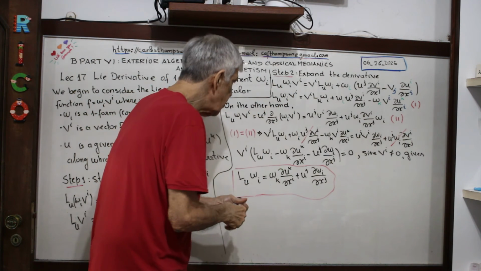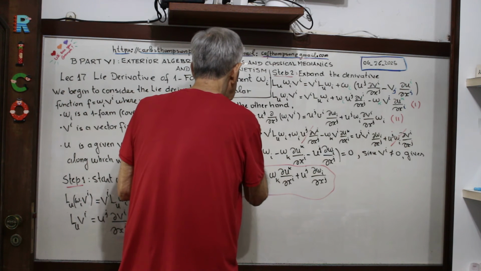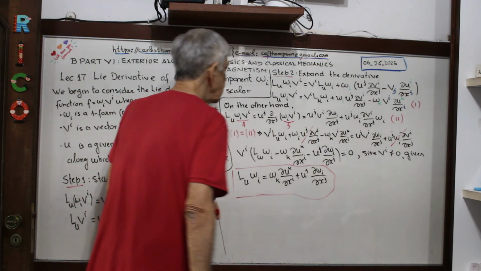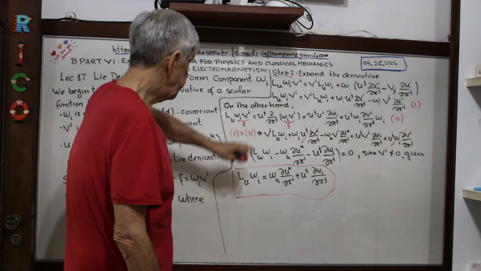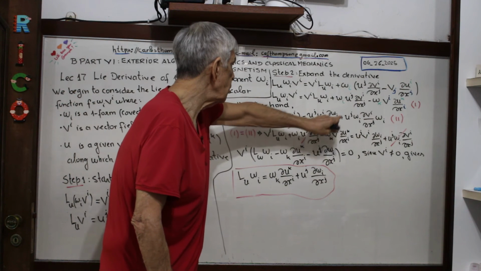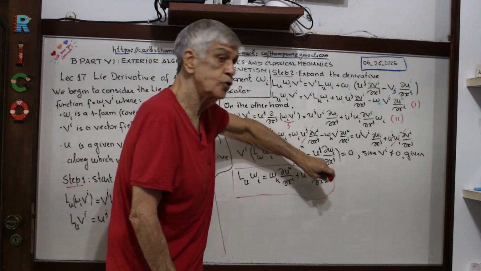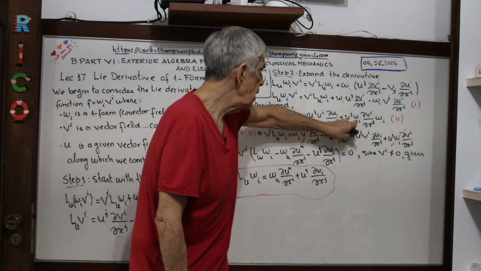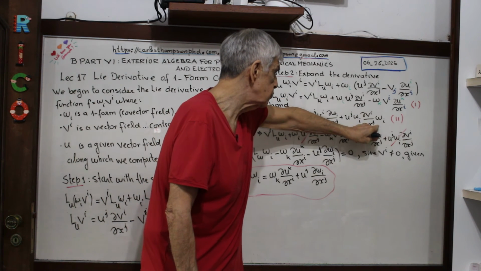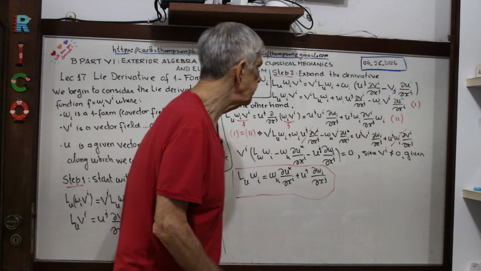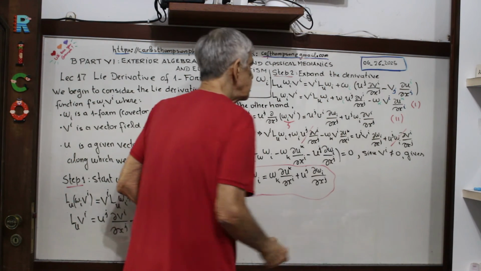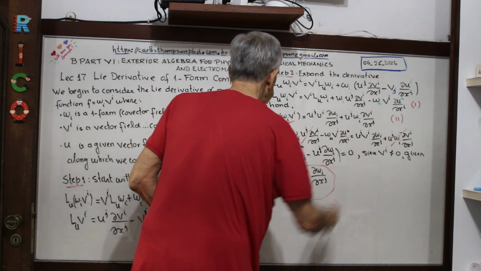This is my function f over here. Now, I can expand this: u^j v^i partial omega_i with respect to x^j, plus u^j omega_i partial v^i with respect to x^j. So that's it. Now this is equation 2.